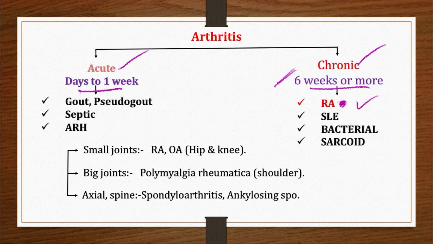Also, on the basis of joint involvement, arthritis can be further divided into arthritis which involves small joints like rheumatoid arthritis, osteoarthritis, which involves the hip and knee, big joints like polymyalgia rheumatica, which involves the shoulder, and arthritis which involves the axial joints and spine, like spondyloarthritis and ankylosing spondylitis.